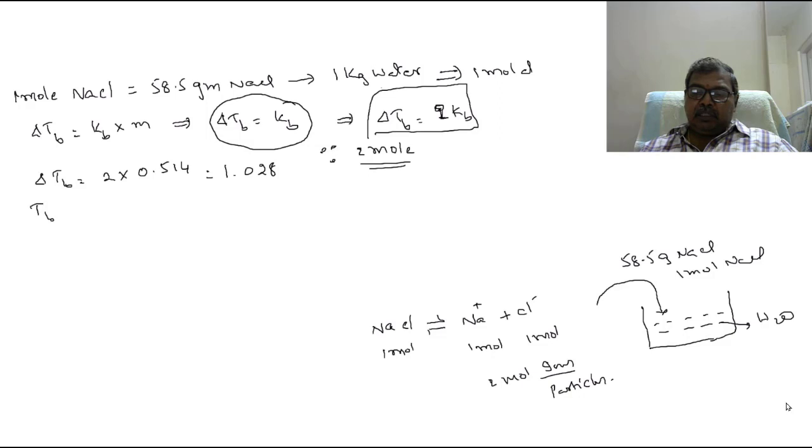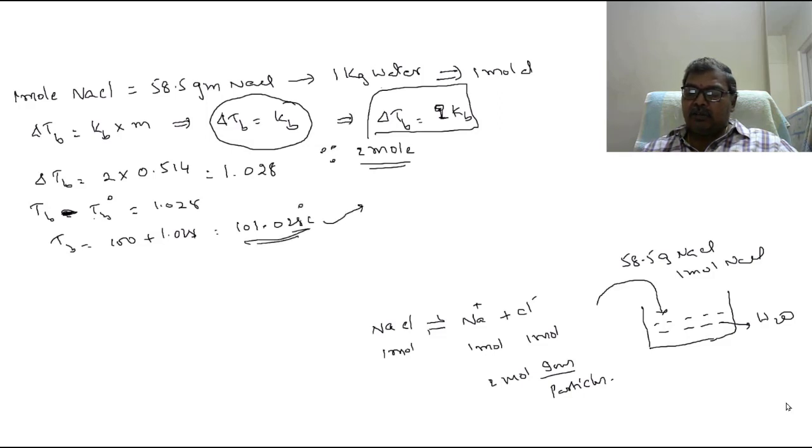So Tb minus Tb naught is equal to 1.028, so Tb is equal to 100 plus 1.028, 101.028 degrees Celsius. This is the actual boiling point of NaCl solution.